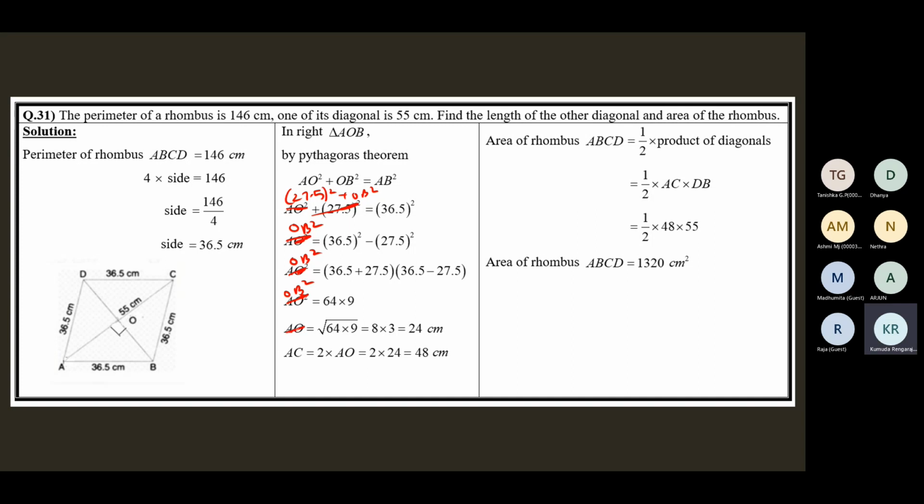So OB is equal to square root of 8 into 3, 24. So now that you got OB, BD is equal to 2 into OB, so 48. Then the area of the rhombus is half product of diagonals.